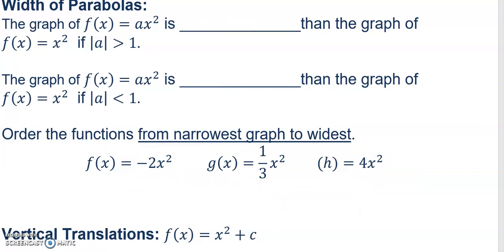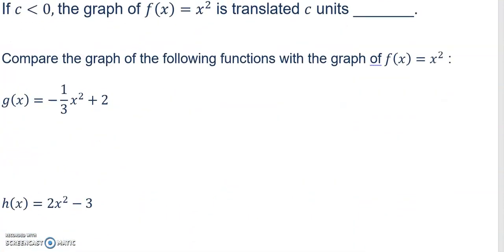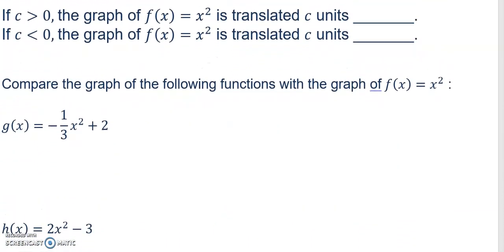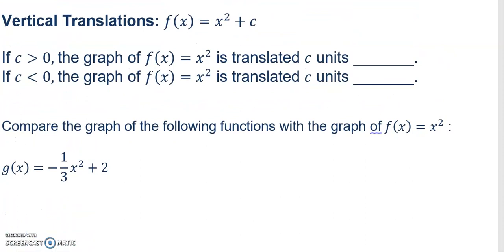So now we're going to look at vertical translations. Vertical translations of f of x equals x squared plus c. So if c is greater than 0, then it will be translated c units up.